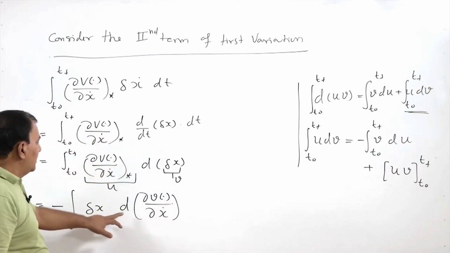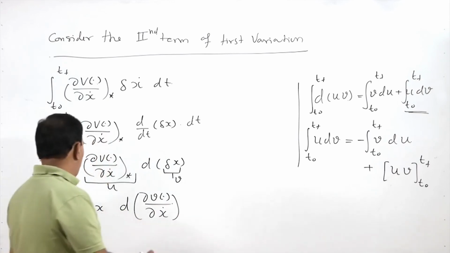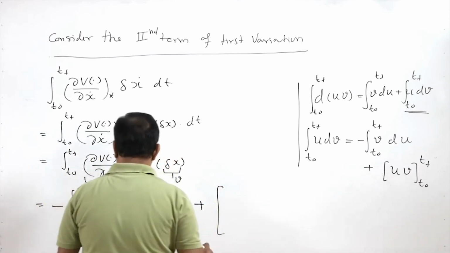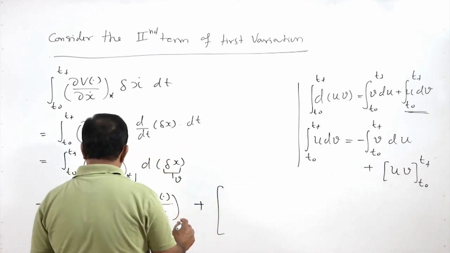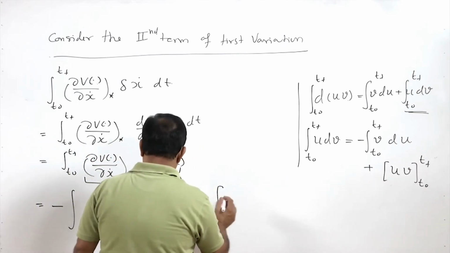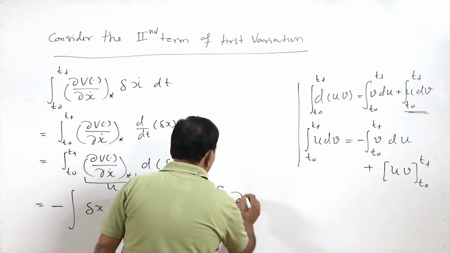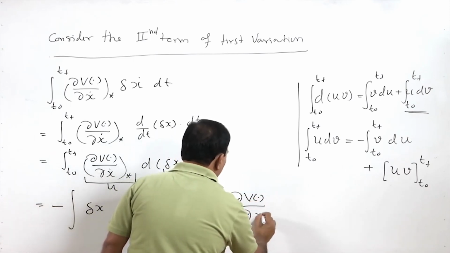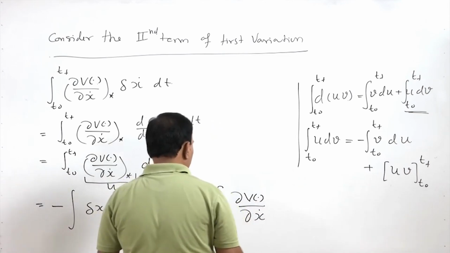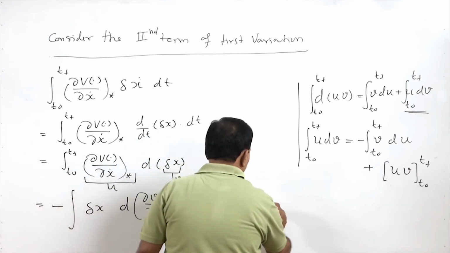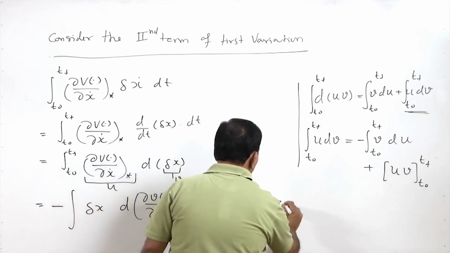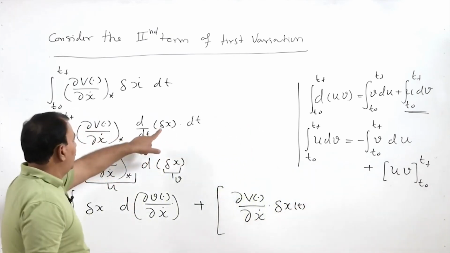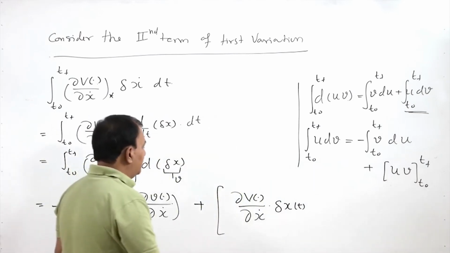So, this is the v du, plus u dv, and u is my del V by del x dot into delta x of t, because this delta x is a function of time.